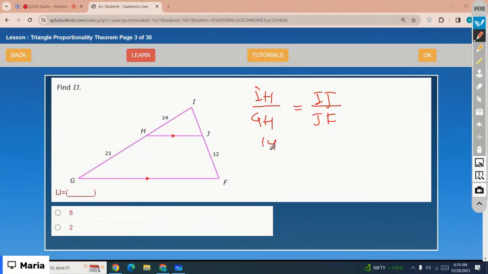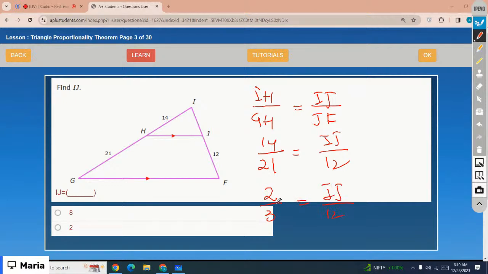So IH is 14, GH is 21, and that equals IJ divided by 12, right? So that is 7 times 2 is 14, 7 times 3 is 21.